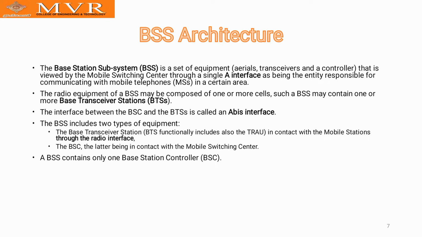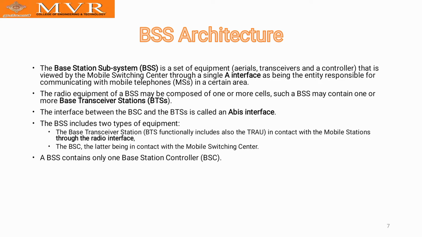It has the cells, transceivers and controllers, which are viewed by the mobile switching center through the A interface as the entity responsible for communication with mobile telephones in a certain area.